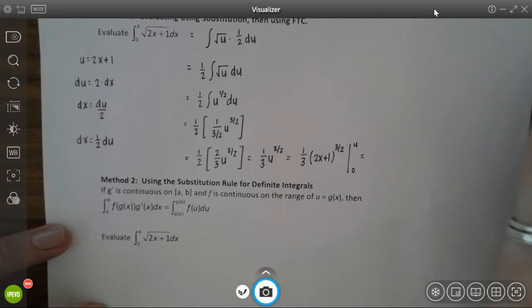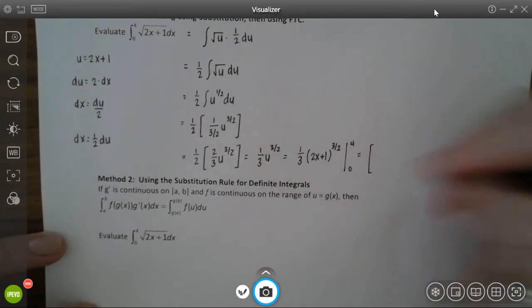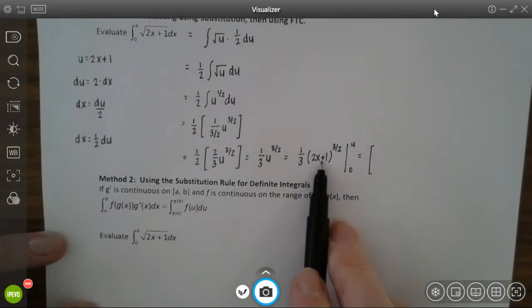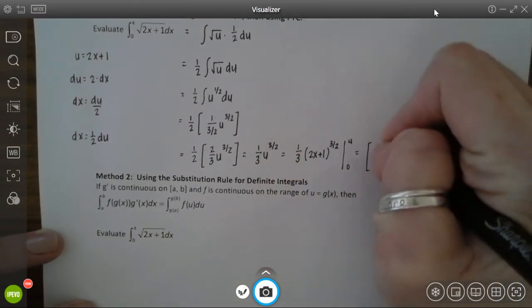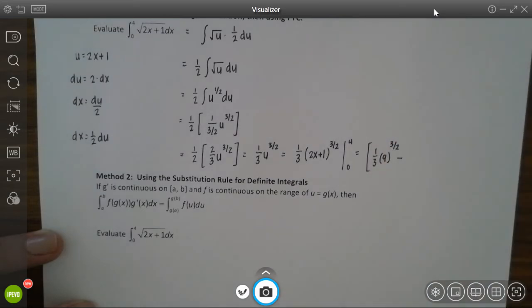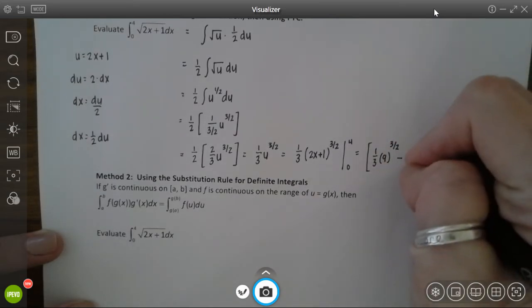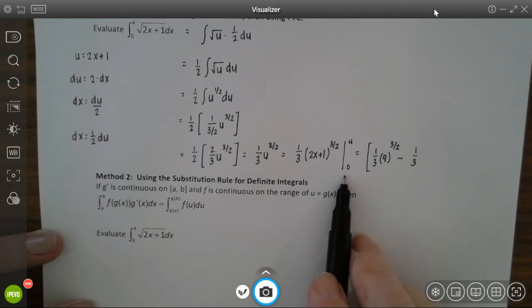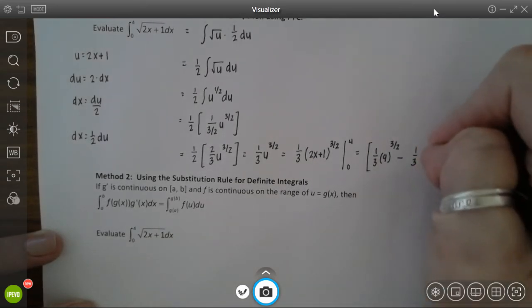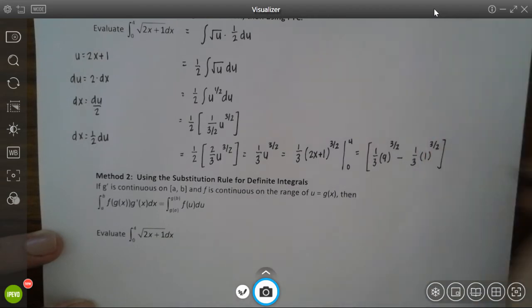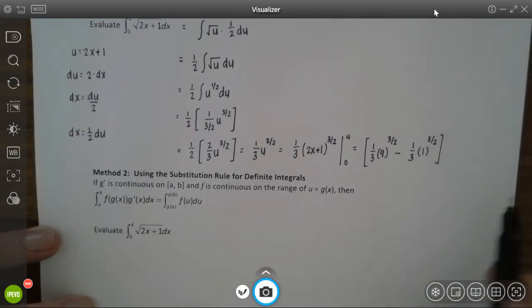So I can just substitute those values in. 2 times 4 plus 1 gives me 9. So 1/3 times 9 raised to the 3/2 power. And then I'm going to subtract from that 1/3. When I plug in a 0 here, that gives me 2 times 0 plus 1, so times 1 to the 3/2 power. And then I can evaluate this.